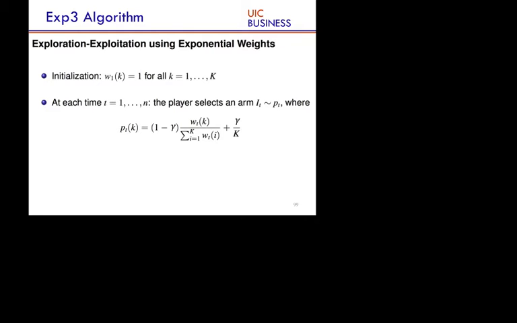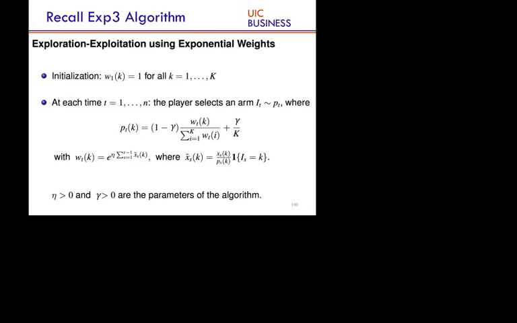That would have been a probability by itself over arms. But now we are adding a 1 minus gamma and a plus gamma by k, very reminiscent of epsilon greedy. You can see that if you sum over k, this is also a distribution. The k goes away, and the weighted term sums to 1, so 1 minus gamma plus gamma is 1. So it's a distribution.